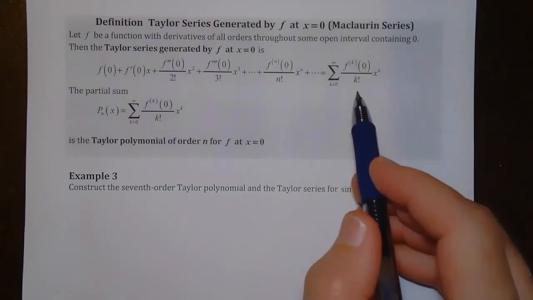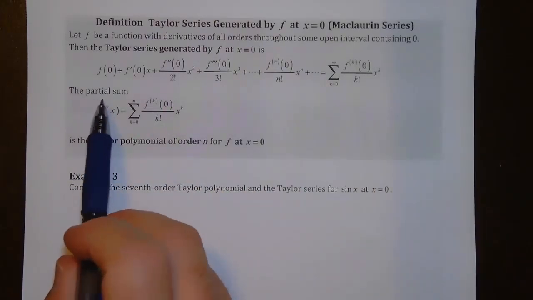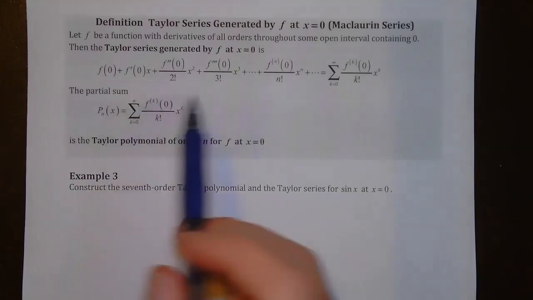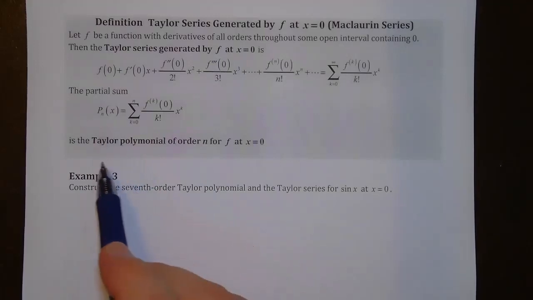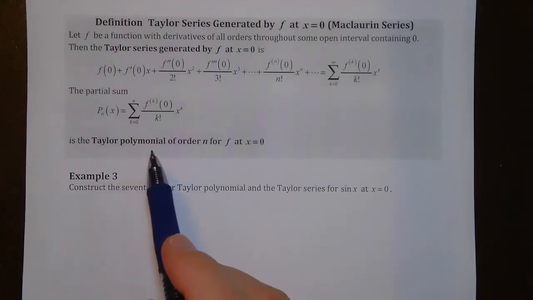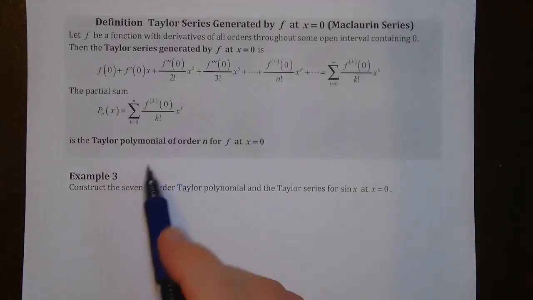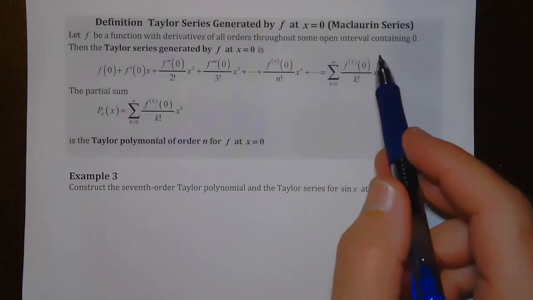And then the partial sums, that's what we've been doing. We've been stopping it at the fourth derivative, and that would be a Taylor polynomial of order 4, because we've been stopping it at the 4th degree. So again, when it's centered at x equals 0, a Taylor series is called a Maclaurin series.